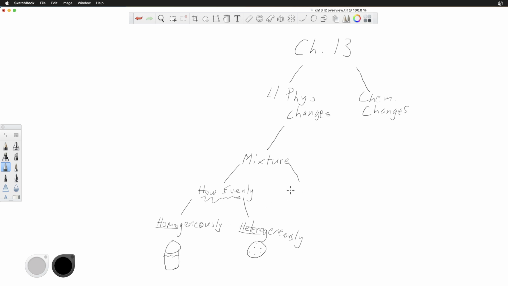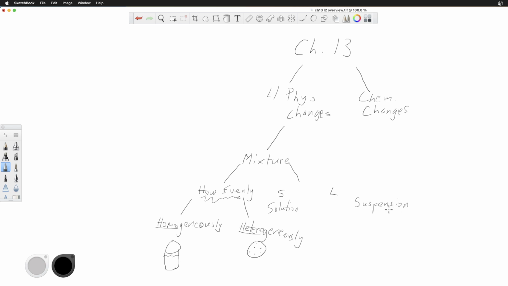The second way to look at mixtures is based on particle size, or how small or large the parts that are in it are. So on the small side of particle size, we have a solution that has such small particles that they dissolve into a liquid. And on the larger side, we have what's called a suspension.